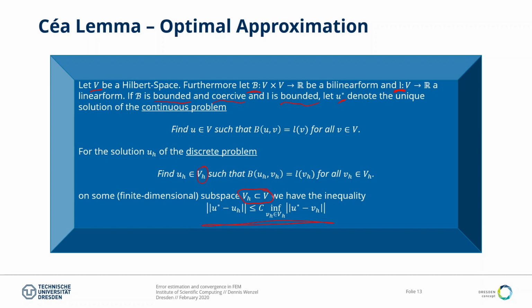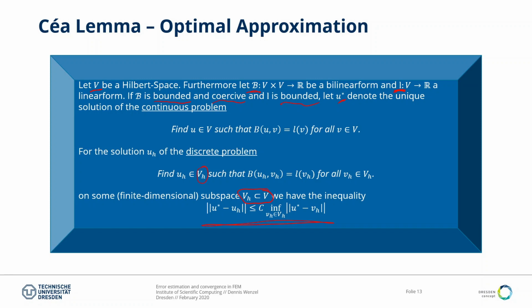Okay, what can you see here? The error that's printed on the left-hand side, so the norm of the difference between the exact and the numerical solution, is bounded from above by some constant times the infimum over all functions in your discrete space of the error with respect to this other function.